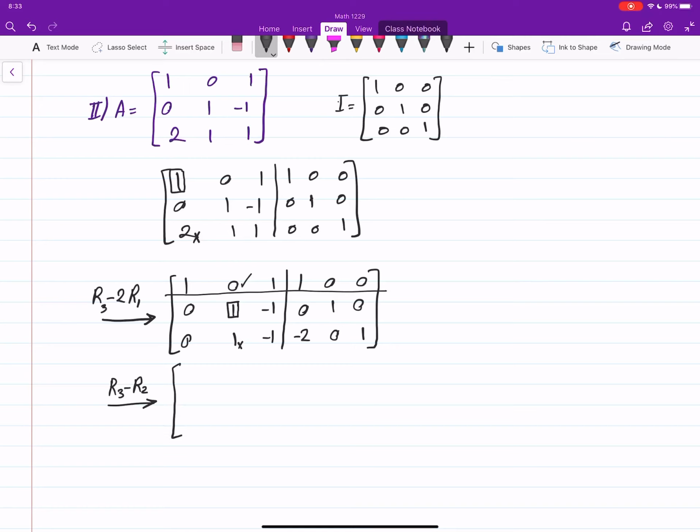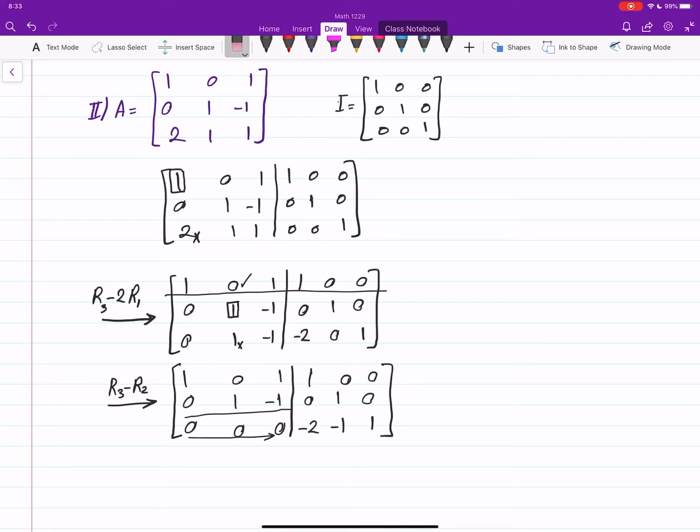So 1 0 1, 1 0 0, 0 1 -1, 0 1 0. This is 0 0 0, -2 -1 and 1. The second row is done. Now we move to the third. Well, there is nothing here. All of them are 0, so it's done. This is row reduced echelon form.